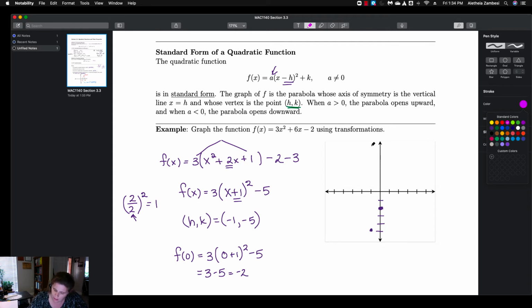Because I am working with a parabola, anytime I get a point on one side, I can use the axis of symmetry to get a symmetric point on the other side of that axis. So I've got one here at (0, -2). I'm going to also plot one here at (-2, -2). All right, this is a rough sketch, but it's right about there.